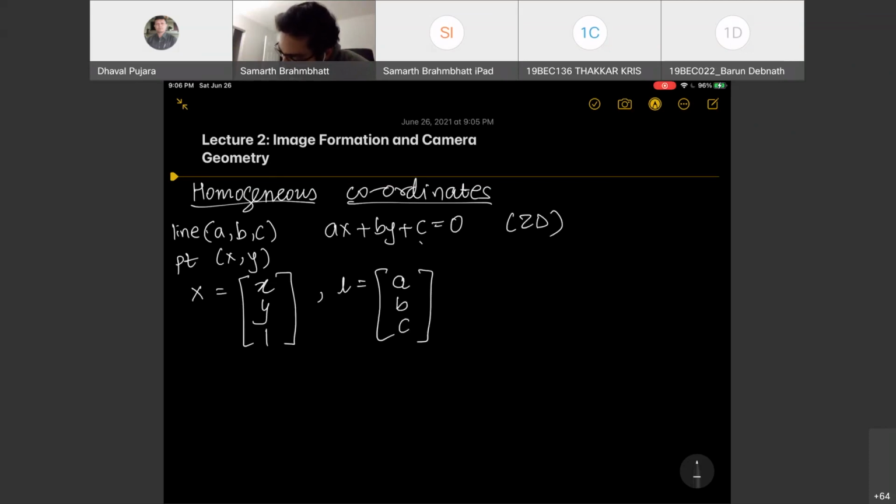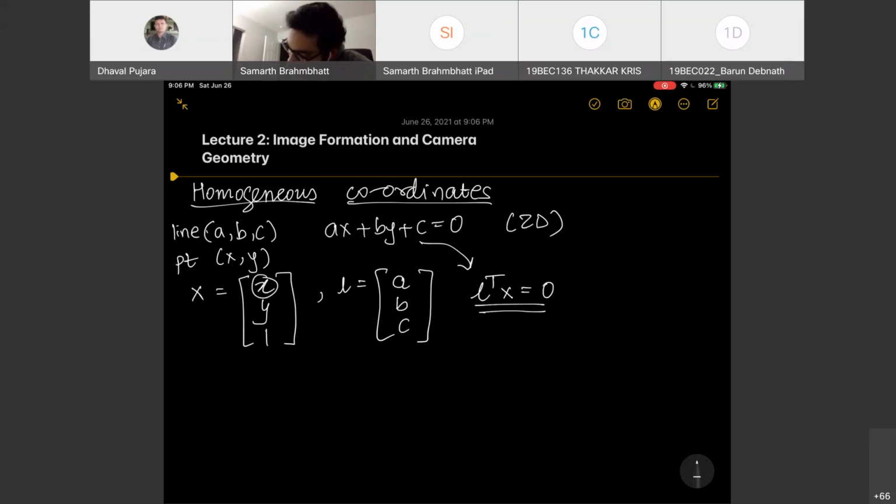And you can write this same equation as L transpose x = 0. I know there are two x's here, but don't confuse them. I will try to write them separately. This small x over here is just one number, and this other x is a vector of 3 numbers.